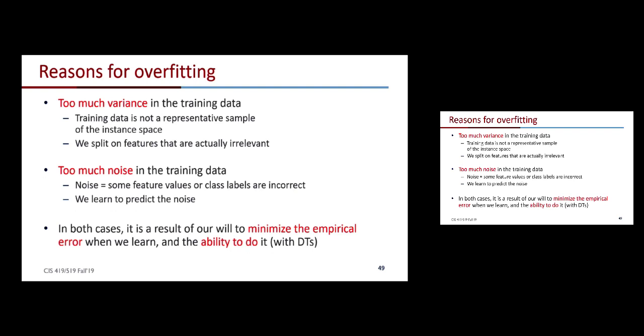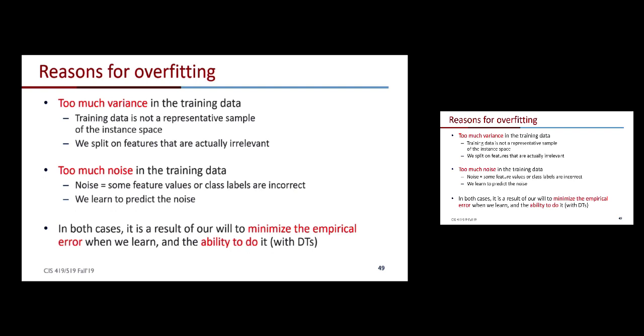Another type of error could be that the label was incorrect. They said that this example was a positive example, but really, it was a measurement error, and it was a negative example. So there could be some noise in the training data, and if we completely follow the training data, we're going to go down into sub-trees that really no one cares about.